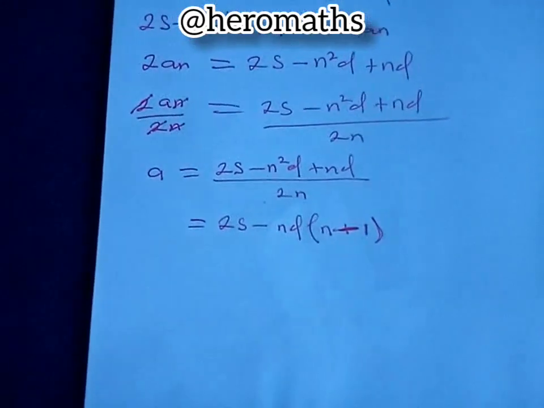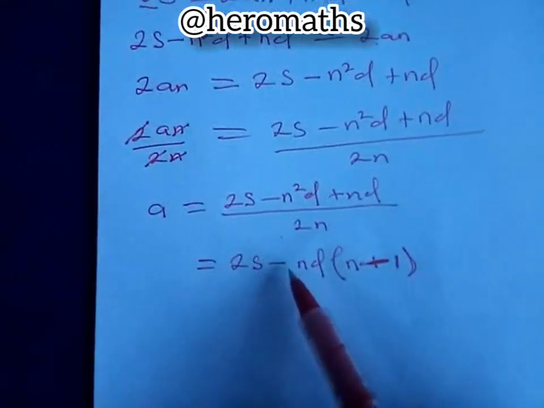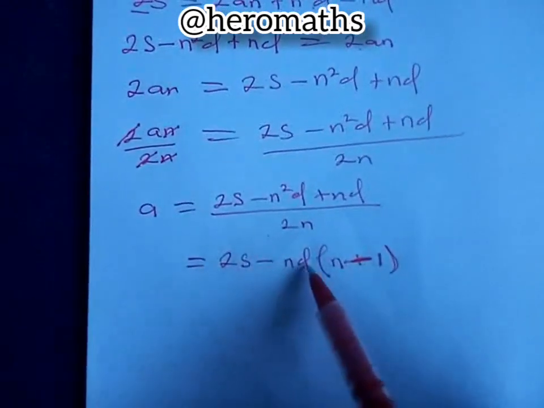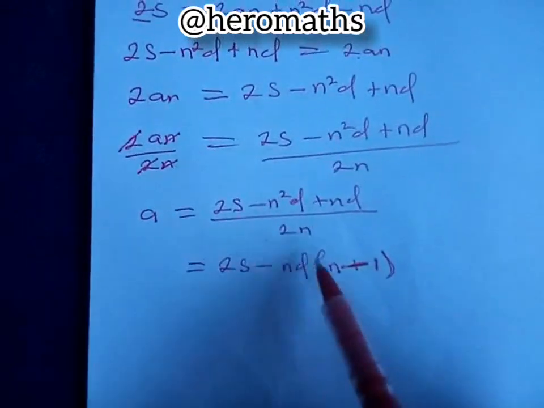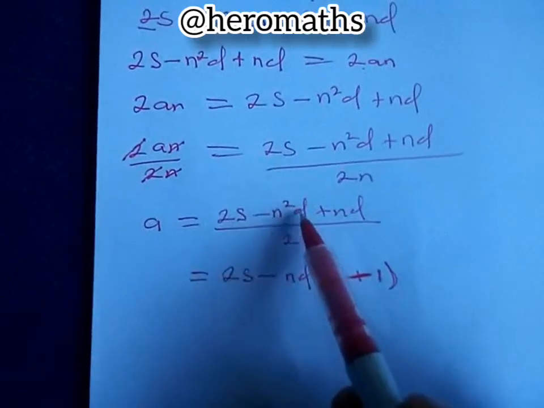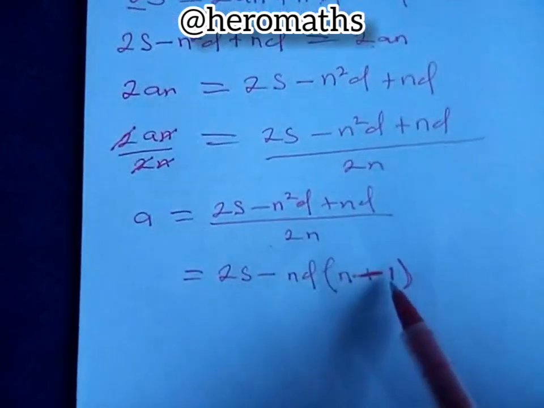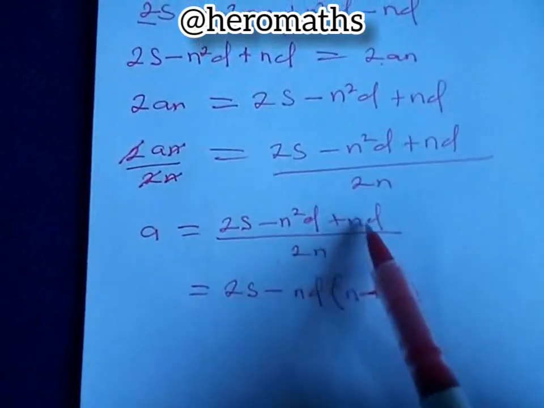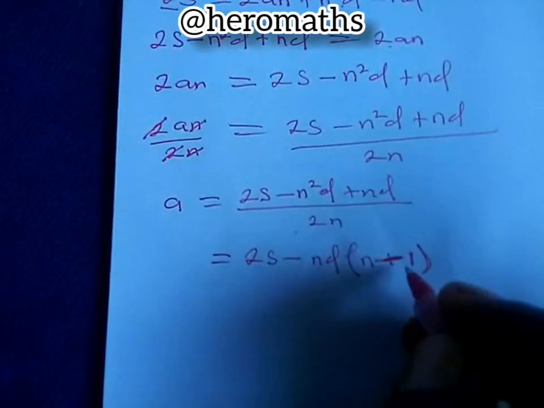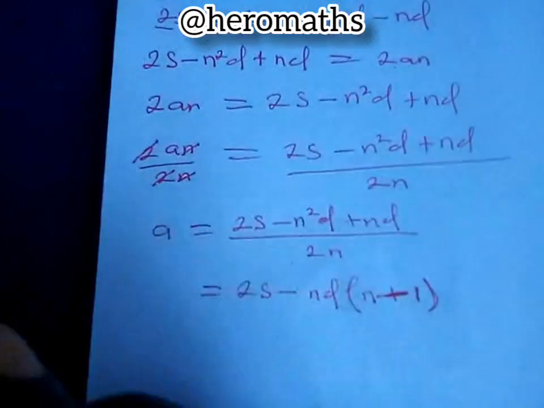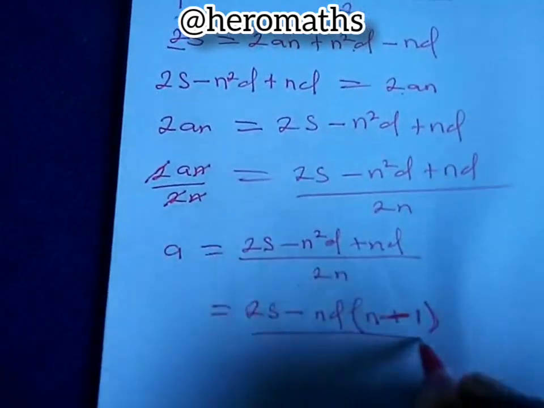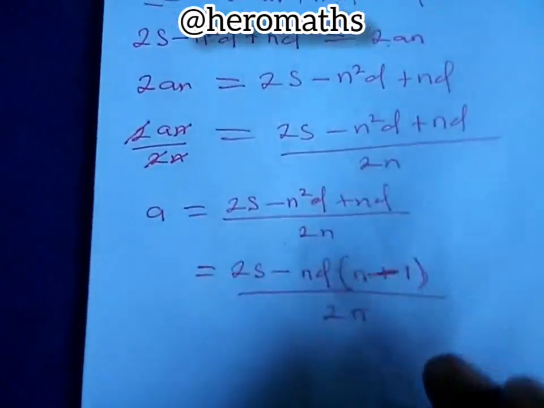Why minus? Because if you open this bracket, minus nd times n will give us minus n squared d, then minus nd times minus 1 will give us positive nd. That is why we have negative here. Now all this is divided by 2n.